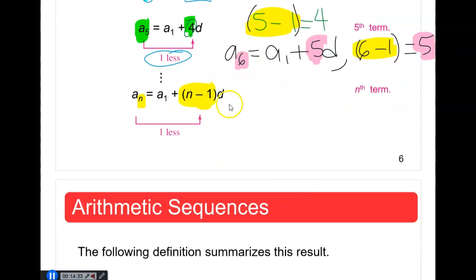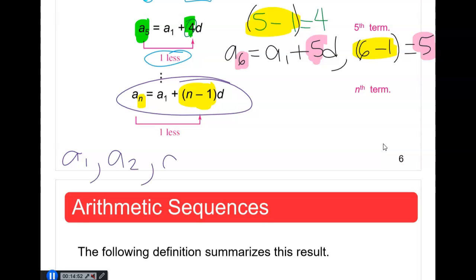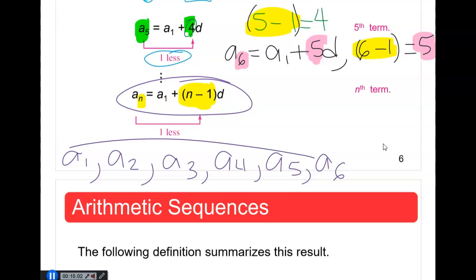So at this point, with the help of this formula, we don't have to find every single term before the nth term. Of course, you'll be given the first term. So instead of finding the second and then the third, and then the fourth, and then the fifth, and then, let's say the question was to find the sixth term, we would have had to do all of that in the past.